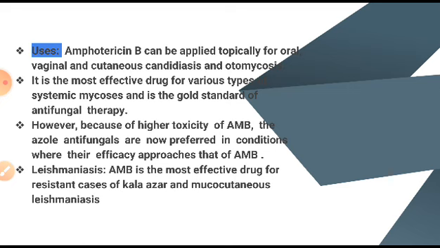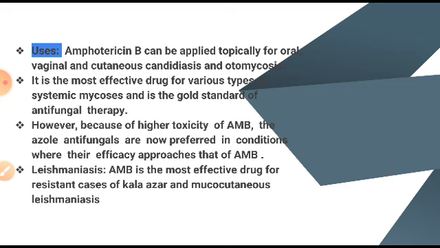Here it is important to discuss a few points about the pharmacokinetics of amphotericin B. It's an intravenous drug. It has less absorption from the GIT, 90% protein bound, and half-life is around 24 hours.